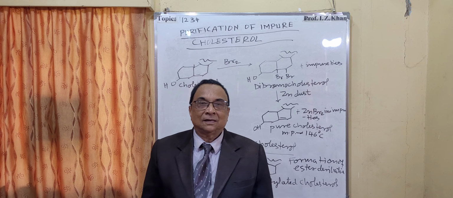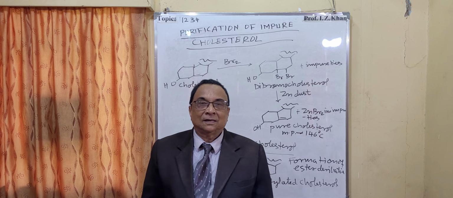Zinc dust will remove the bromine and 100% pure precipitate of cholesterol will be formed, and the zinc bromide, that is ZnBr2, will go into the solution as an impurity, and we can filter the 100% pure precipitate of cholesterol. In this way, the cholesterol is 100% purified from impure steroids.